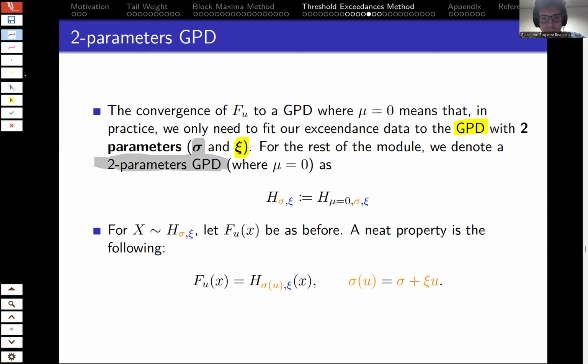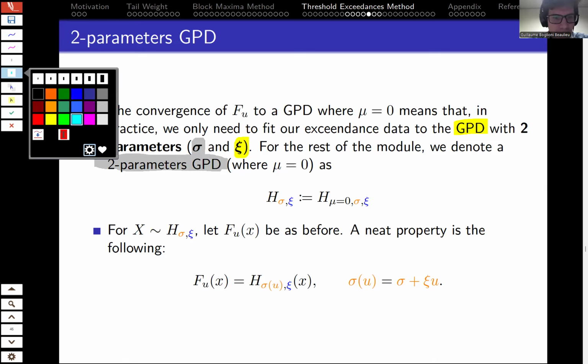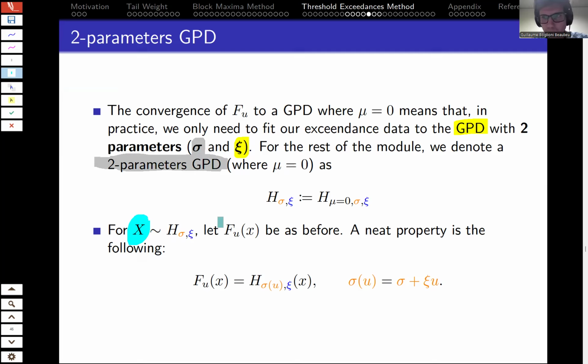So the additional little bit of theory we need is this bullet point here. If X is a 2-parameter GPD with a certain unspecified sigma and a certain unspecified Xi, let's define FU as before, the CDF of exceedances above U. The property is this.